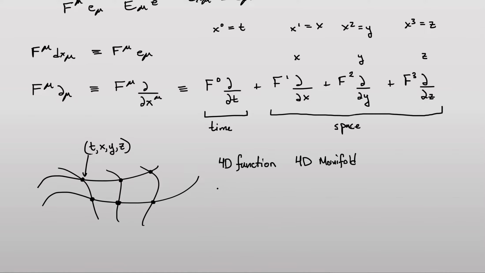And by saying 4 components, we open ourselves up to sort of a new way of thinking about dimensionality, right?